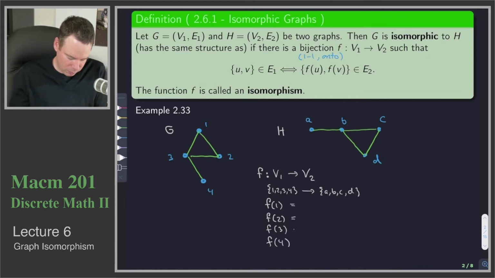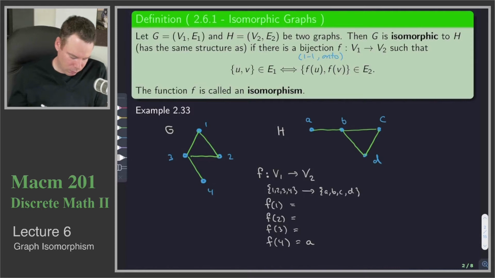And I have to fill in those spots in such a way that two vertices are connected by an edge in G if the corresponding vertices are connected by an edge in H. So the first thing I'm going to look at is vertex 4 in G. It's of degree 1, and there's only one vertex in H of degree 1. So 4 should map to A.